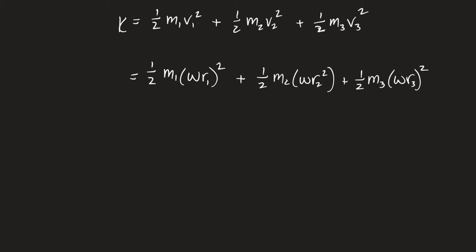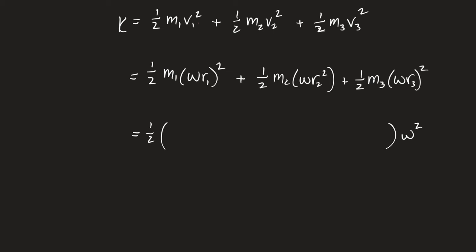I'm going to do one more thing, and you might not understand why, but I do have a point I'm trying to get to. I'm going to pull out the 1/2 out here in front. And at the end, I'm going to pull out the omega squared there. Every term has a 1/2 in it, so I pulled the 1/2 out to the front.